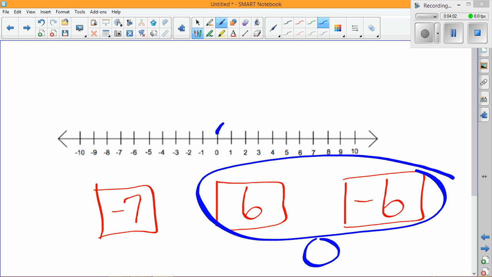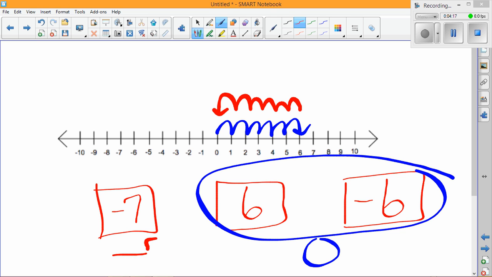If I count up 6, 1, 2, 3, 4, 5, 6, and then I count back 6, 1, 2, 3, 4, 5, 6, I'll end up back at 0. Their distances are equal. And if I add that to a -7, I will just get a -7. So that means I am 7 away from 0.